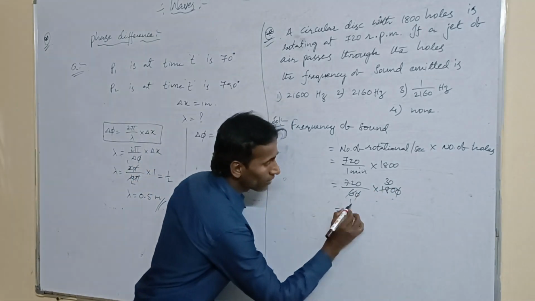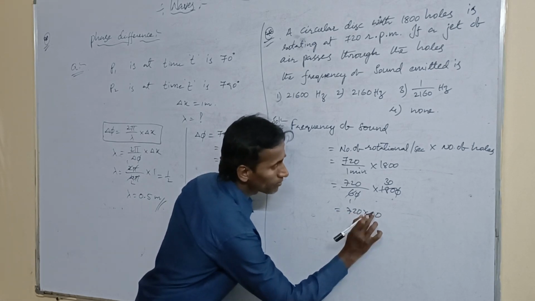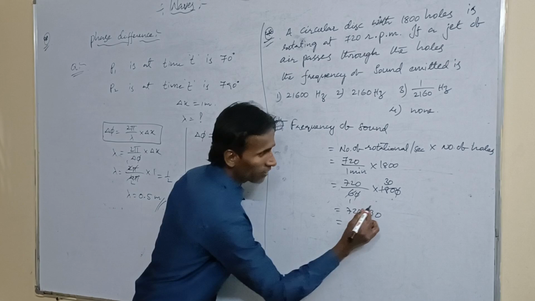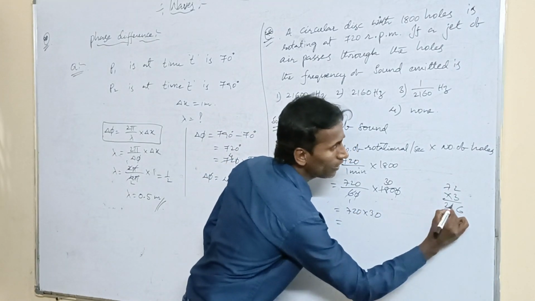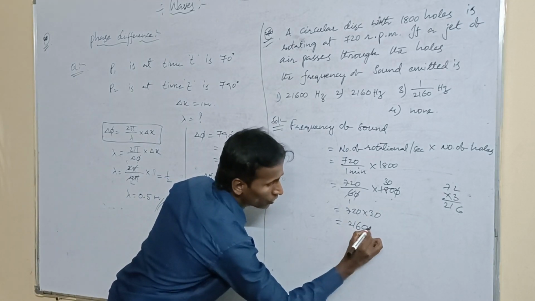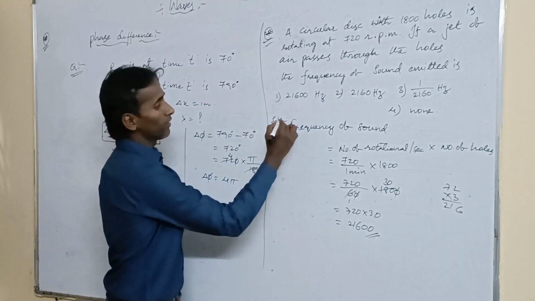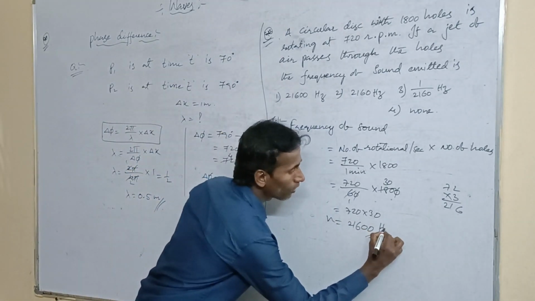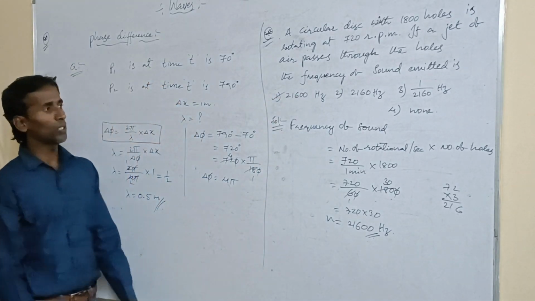So you get 720 into 30. 72 into 3: 3 2 6, 3 7 21, that is 216, and two zeros means 21,600. This is the frequency. What are the units for frequency? Hertz. The exact answer is option number 1.